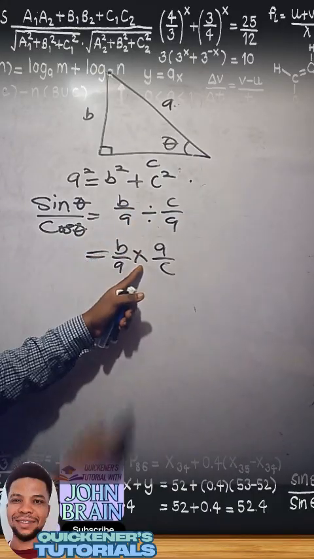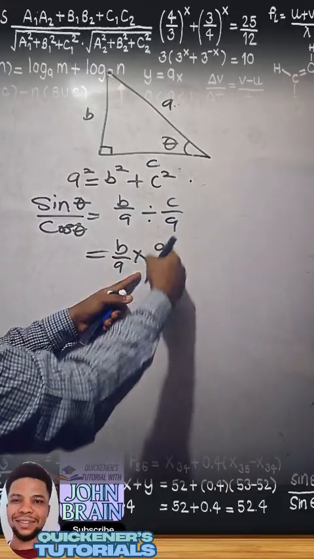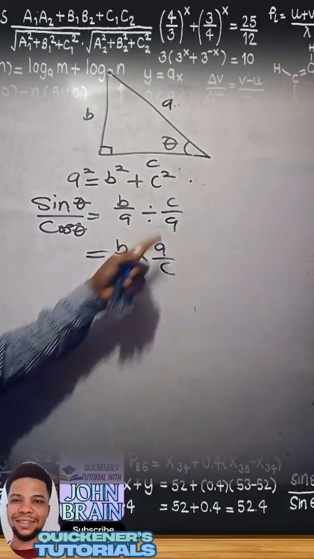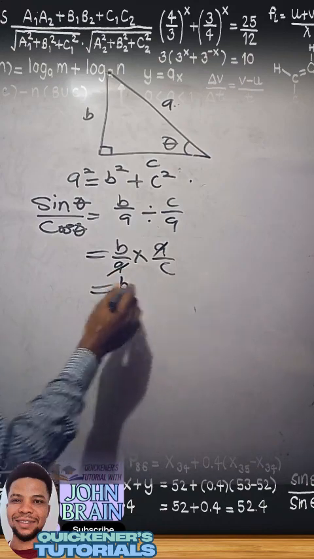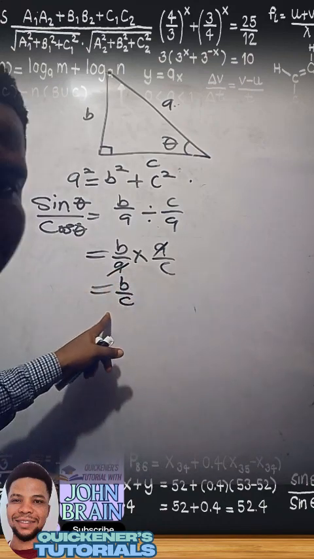So when you take it to multiplication, you have the inverse of this, which is A over C. So A will cancel A, and this is B over C. Yes, the ratio is B over C.